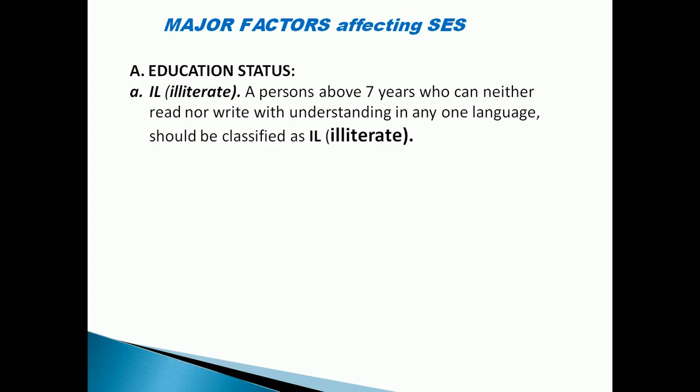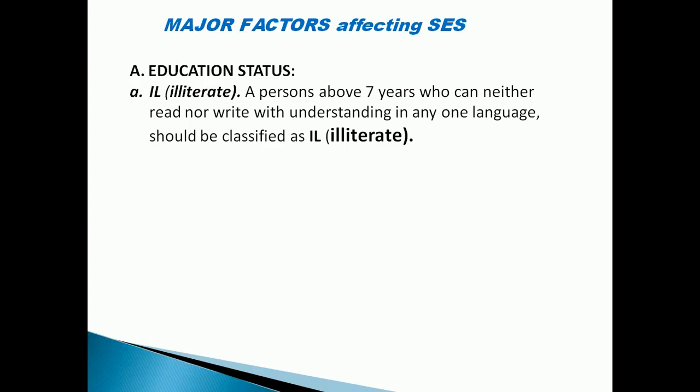Who do we call illiterate? A person above 7 years of age who can neither read nor write with understanding in any one language should be classified as illiterate. Similarly, who is called literate? A person above 7 years who can read and write with understanding in any one language should be classified as literate.